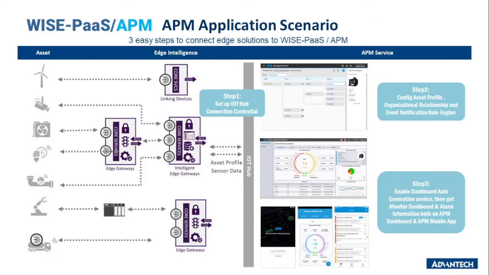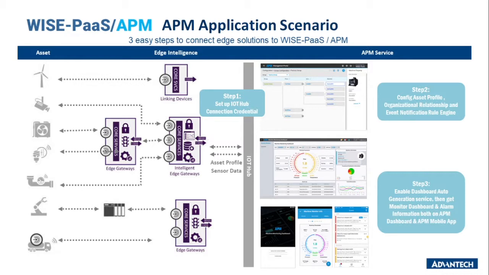Okay, so the typical scenario of using the APM service is, as this slide shows, very simple. It's a 3-step process. First, connect the device to WISE-PaaS IoT Hub. Step 2, the user can then log into APM and create the asset profiles for these devices, and then draw the relationship or the hierarchy of these devices, how they link together.